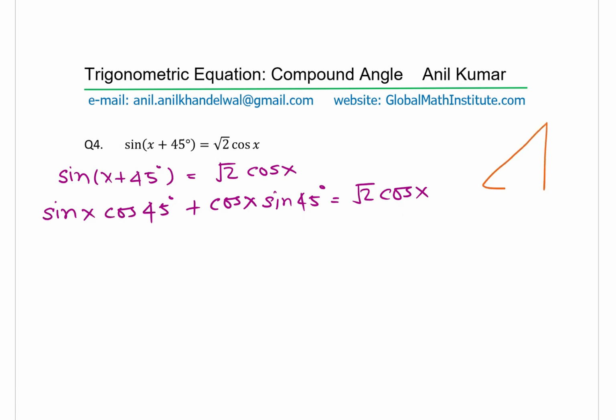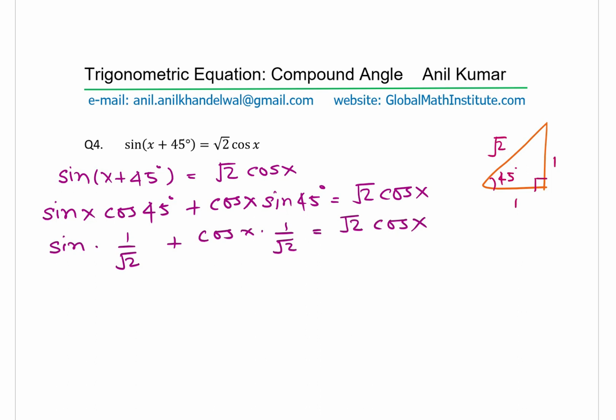The 45 degrees triangle is the one in which both the legs are equal and the hypotenuse is square root 2. So the value for sine and cosine is 1 over square root 2, or you could also write this as square root 2 over 2. So we can write this as sine x times 1 over square root 2 plus cos x times 1 over square root 2 equals square root 2 cos x.